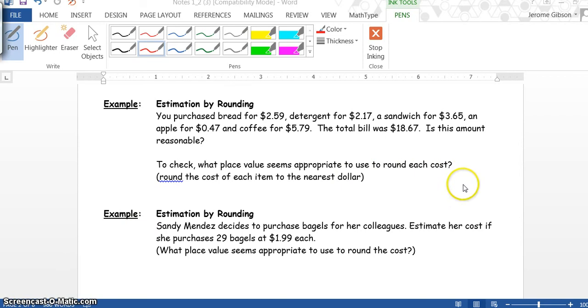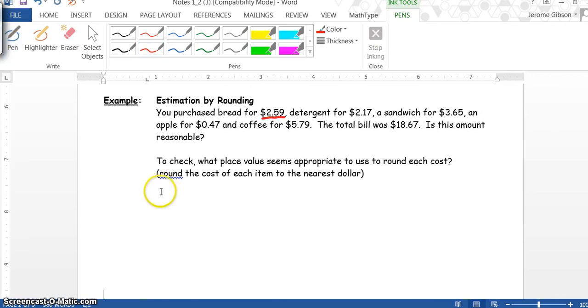Now what I would suggest is this. If we were actually at the grocery store, typically when we have dollar amounts like this, to make it easy for us, we will round to the nearest dollar. So we would take this $2.59 and round it to $3.